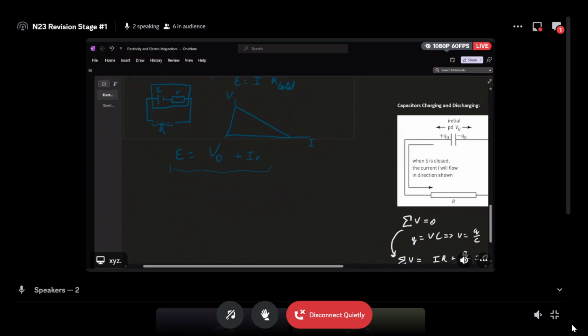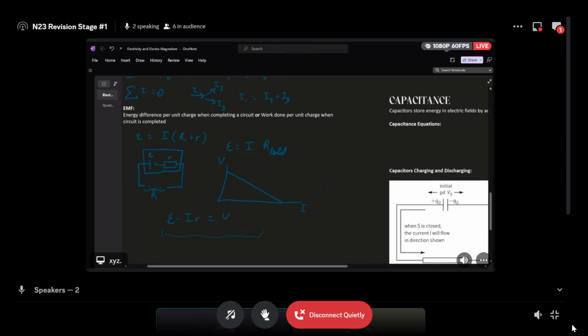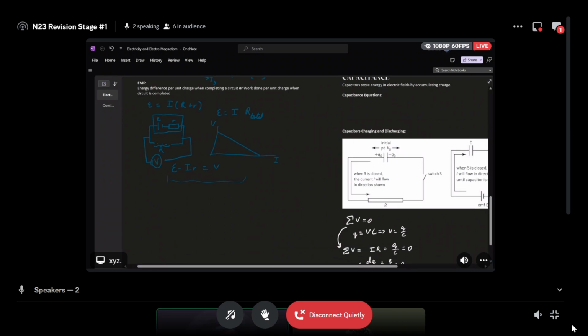Sorry, I'm tripping. You rearrange this, and it becomes E minus IR equals some voltage. And that voltage is this over here. And this will give you a graph that looks like that.